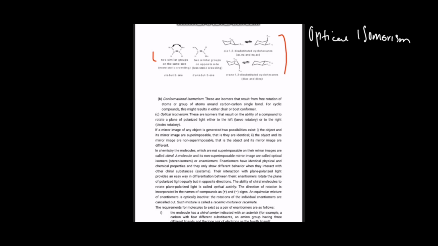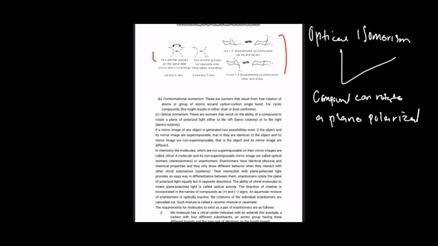It normally happens when a compound can rotate plane polarized light, and it can be in two forms.